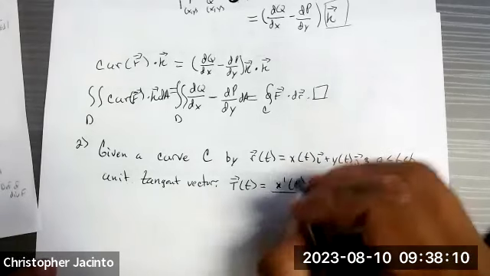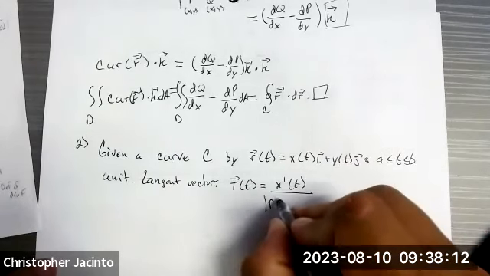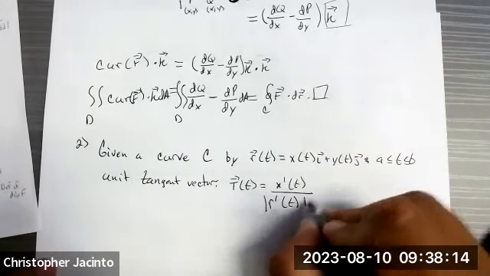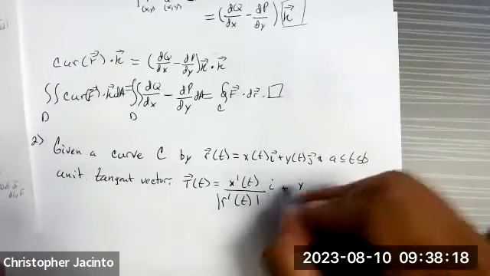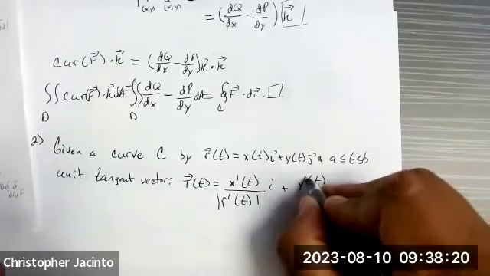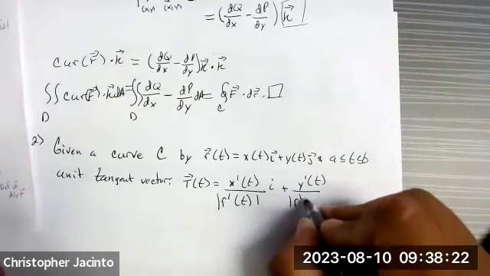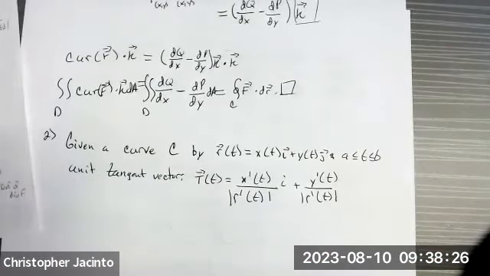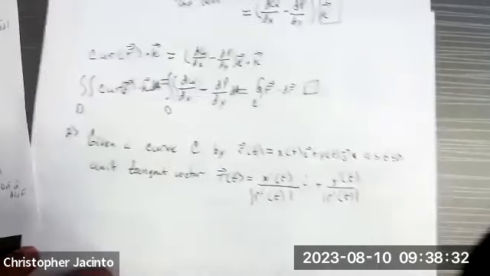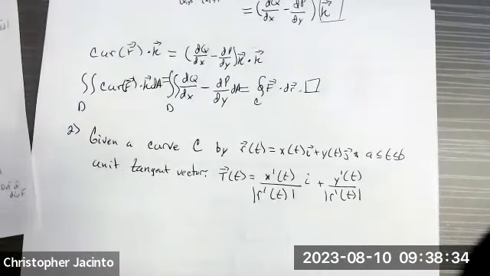I'll separate each individual one: I, J, and this is K. Like that. Or we could just factor this out, which would probably be a little nicer to deal with. I'll do that right now.